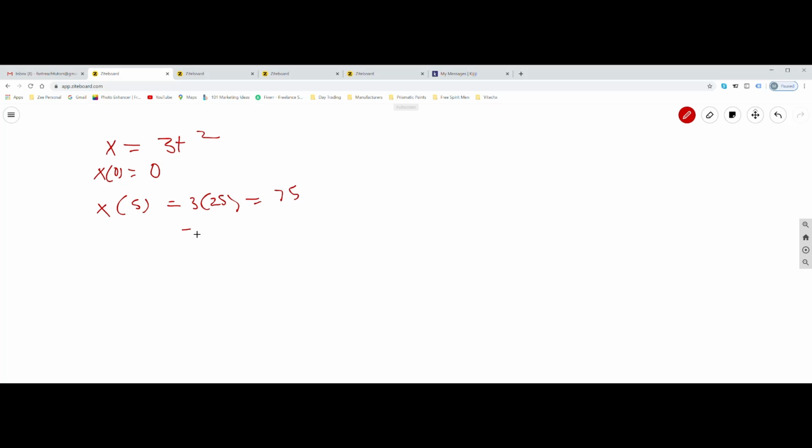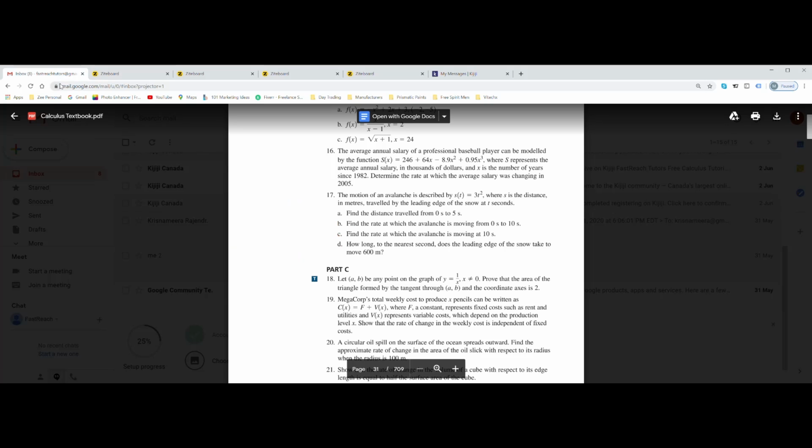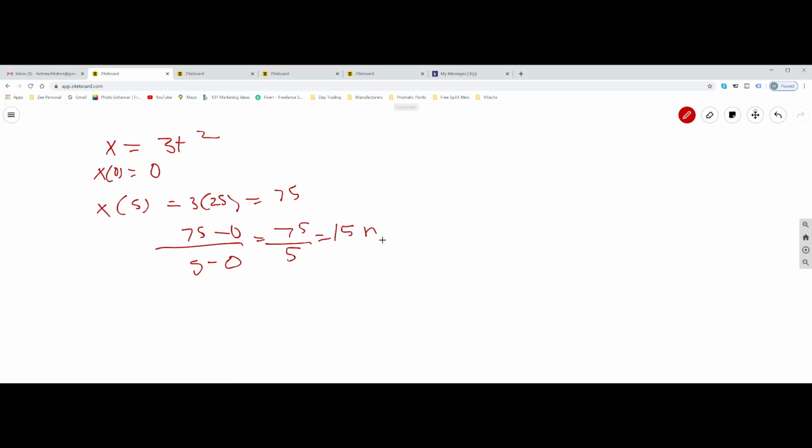And you do 75 minus 0 over 5 minus 0, equals 75 divided by 5, equals 15 meters per second.